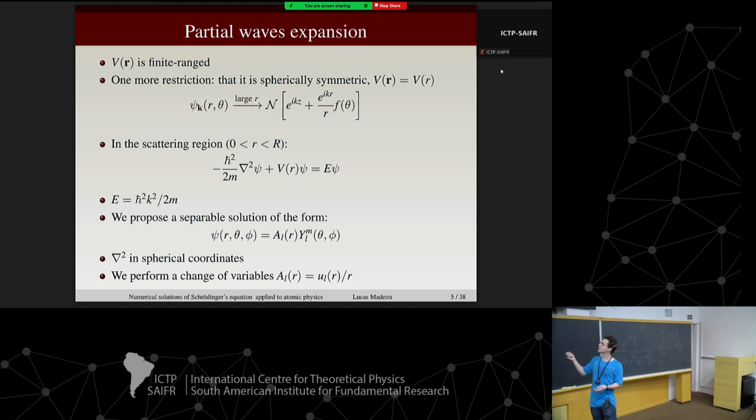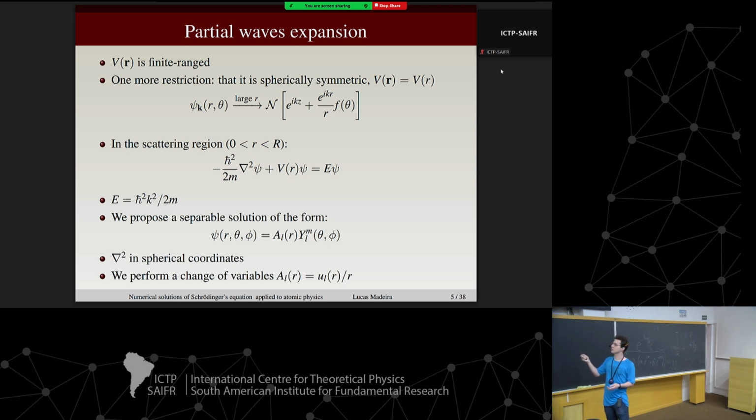And I know that since the potential is spherically symmetric, my solution is invariant under rotations. The angular solutions are the spherical harmonics, right? So you plug that into Schrödinger's equation. You write the Laplacian in spherical coordinates. You get one equation for the angular part, another one for the radial.